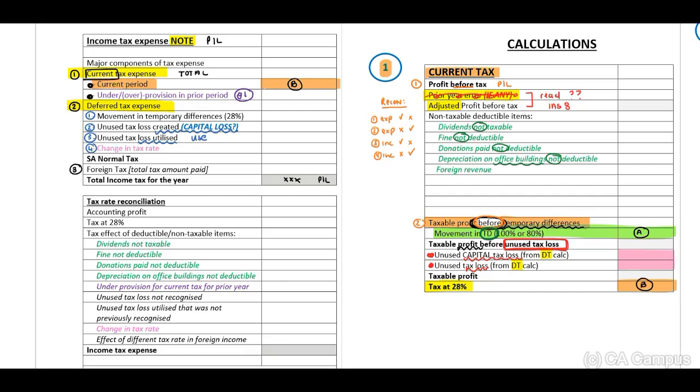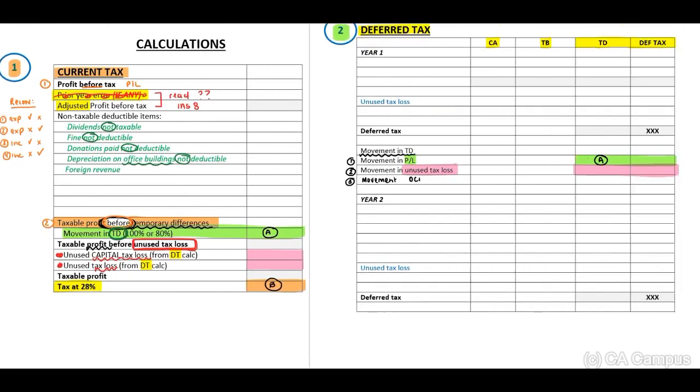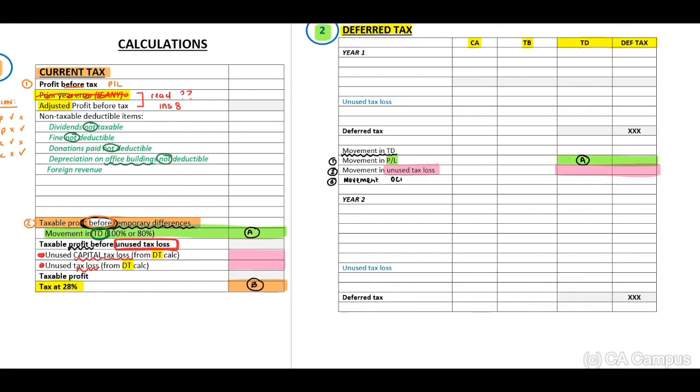Now, when we look at our movement in our temporary differences, I've included here that this is the 28% amount. Therefore, the amount that you need to include here in your income tax expense note, if you refer to your deferred tax calculation, will be the movement in your profit and loss.